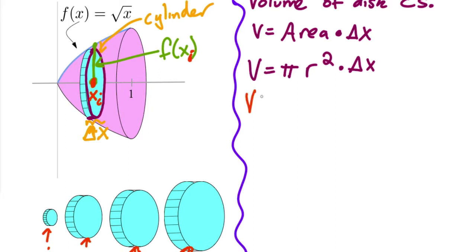So then the volume is equal to pi times f of x sub i squared times delta x. Now, this is the volume of the cross section. So maybe I should put a little CS here, volume of the cross section.